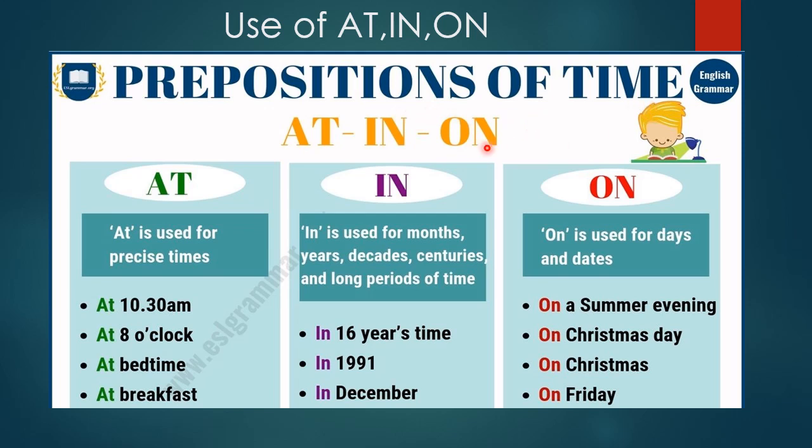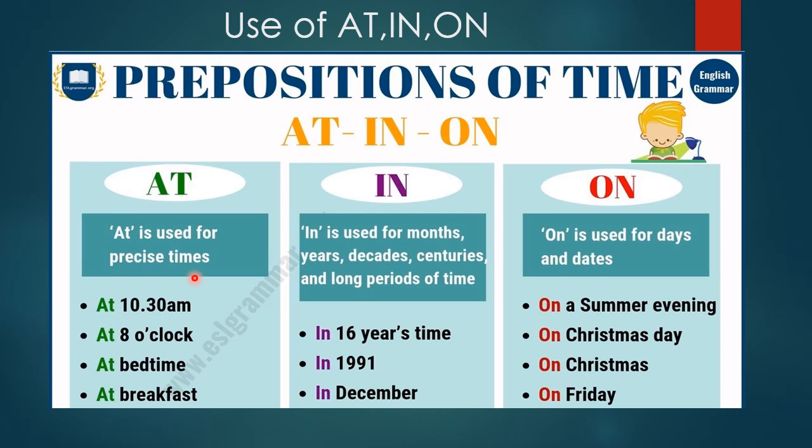Prepositions of time: at, in, on. At is used for precise times. What do you mean by the word precise? Precise basically means exactness, accuracy. For example, I will be going at 9 o'clock.